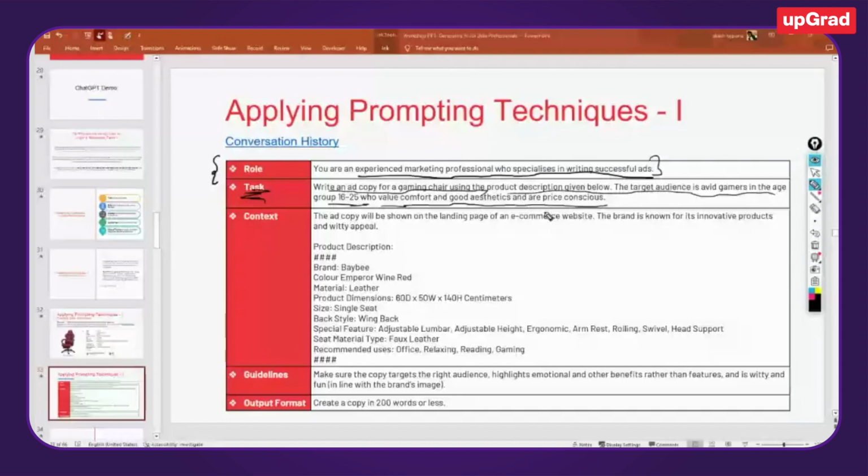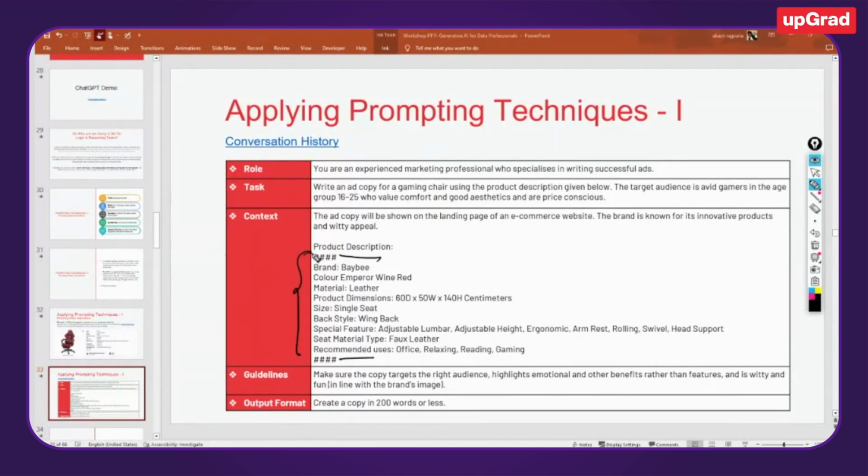Then you write the context for it. The ad will be shown on the landing page of an e-commerce website, and you also give the product description to it. Now pay attention very minutely. I have given hashtags here. This gives a clear indication to ChatGPT that this completely belongs to one section.